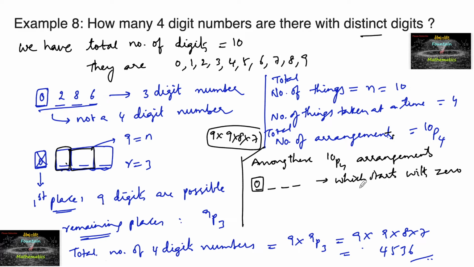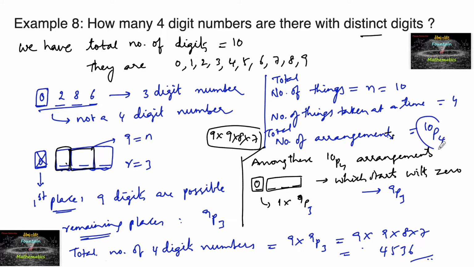An arrangement which starts with 0 is not counted as a 4-digit number. So how many such possibilities are there? That you have to count. The first place is already fixed with 0, that is 1. For the remaining 3 places, the remaining digits are 9 and 3 are to be taken, 9P3. So the number of arrangements which start with 0 is 1 into 9P3, that is 9P3.